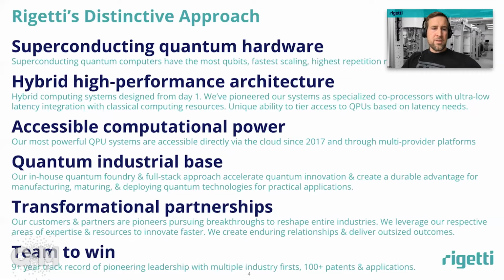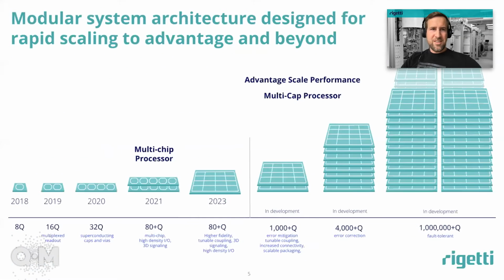I'll go on. So we've been in this field for nearly 10 years. Our roadmap into fault tolerance, I think, is not dissimilar to many of the others, but I think the focus on the multi-chip processor is a differentiator for us. Coming from 8 qubits back in 2018 all the way to today, 80Q chips, which is our M1 processor, online and available direct or via partners.